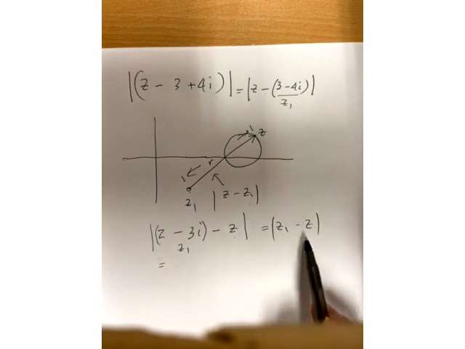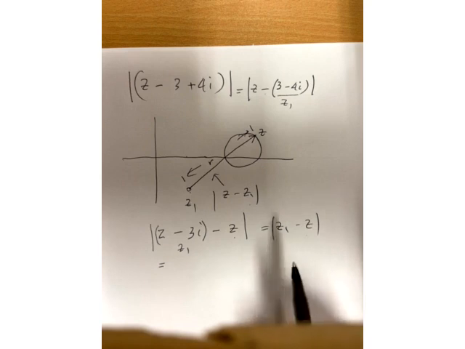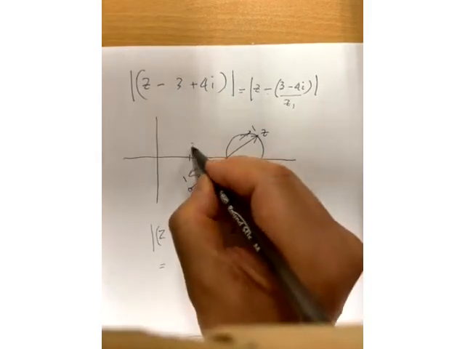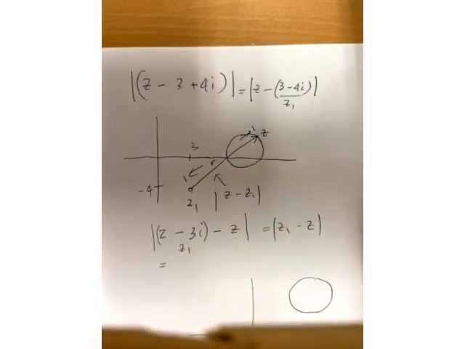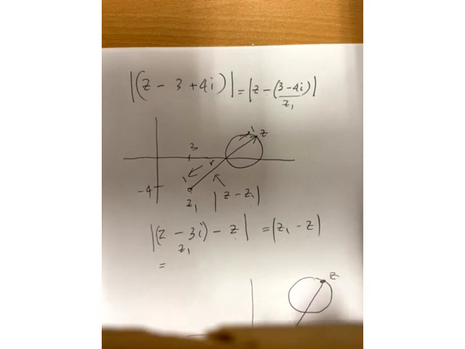This is actually the length of the vector from Z to Z1. So it's backwards this time. So if your Z is here, and this point is 2 minus i, so 2 minus 3i is over here. That's minus 3, and that's 2. And that was over here, 3 and minus 4. So this is now your Z1. This time it's the vector from Z. Let's say Z lies on there. Then it's this one this time. So it's a vector from Z to Z1.